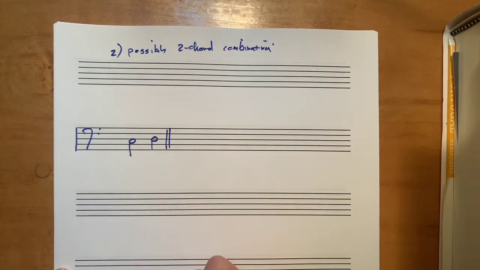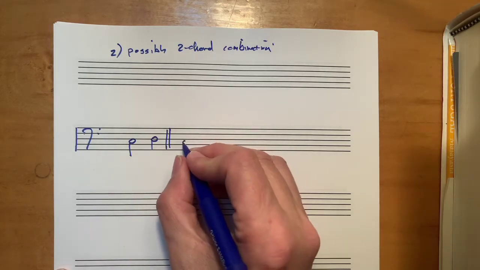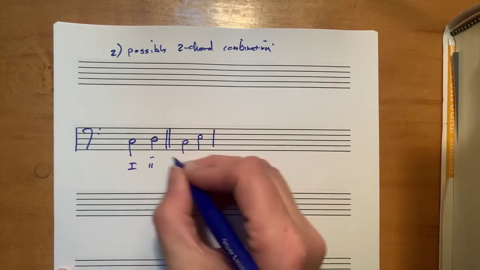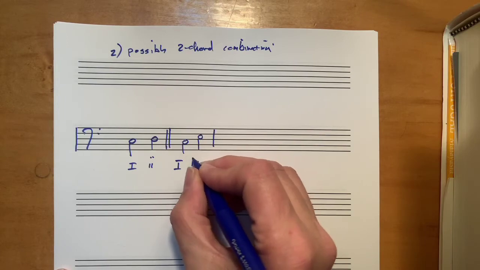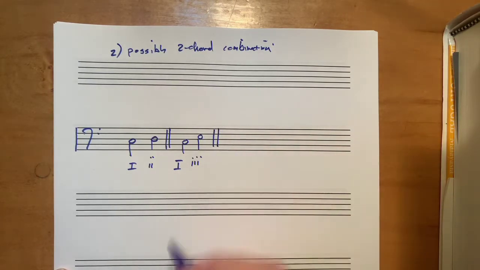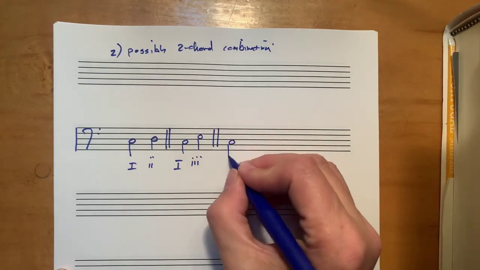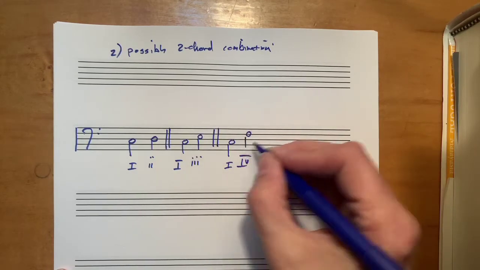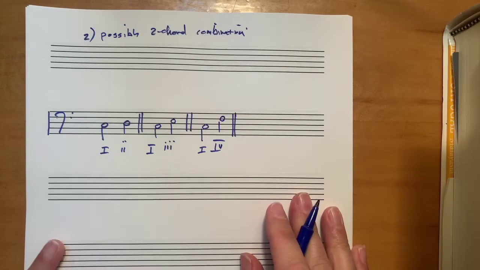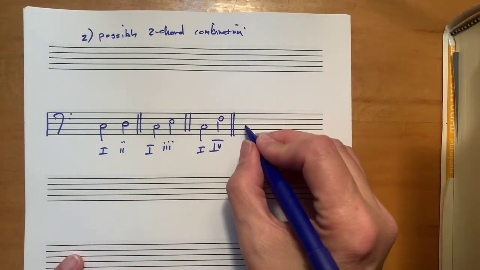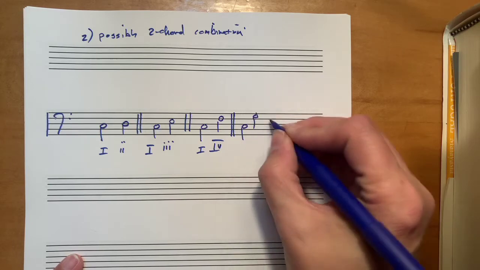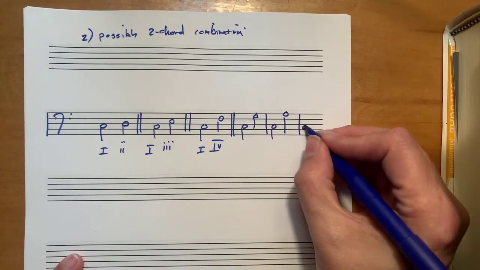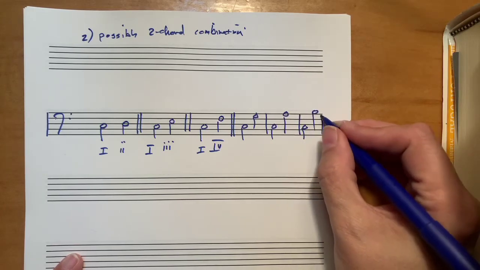That's a possible combination. We could go from 1 to 3. That's a possible combination. We could go from 1 to 4. Possible progression, combination of 2 chords. 1 to 5, 1 to 6, and 1 to 7.